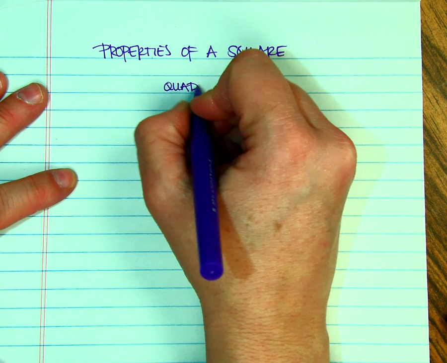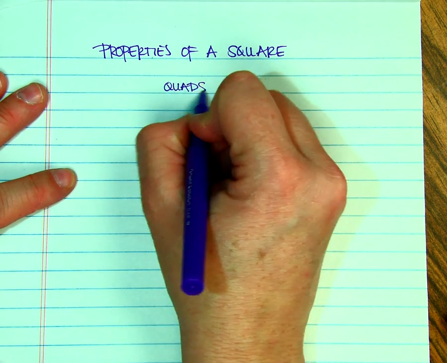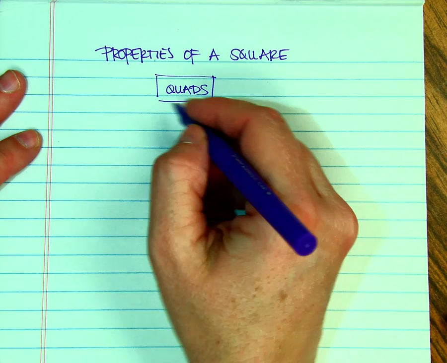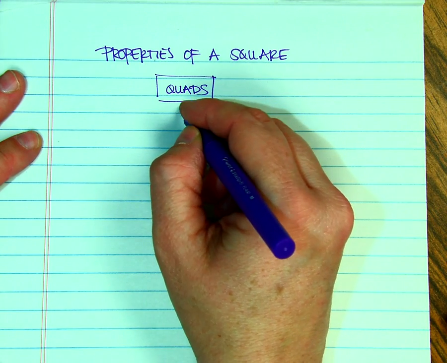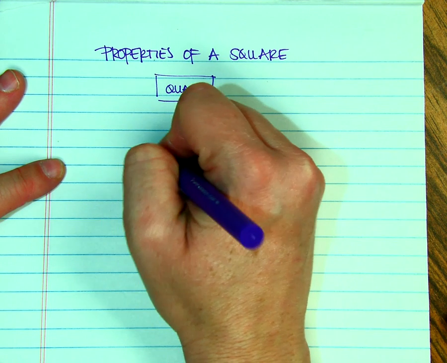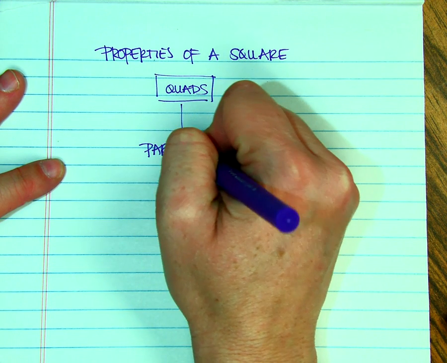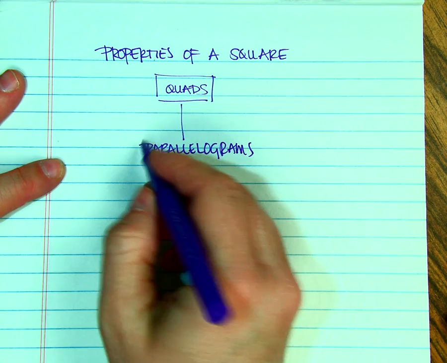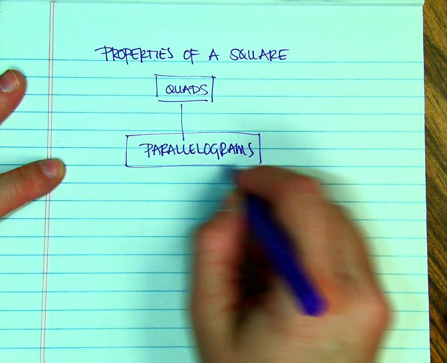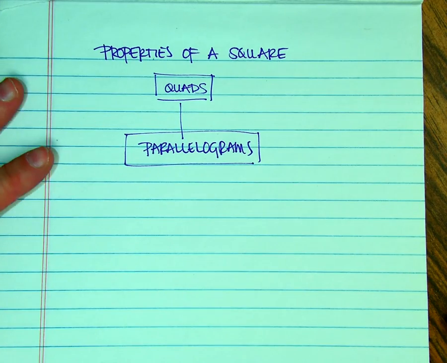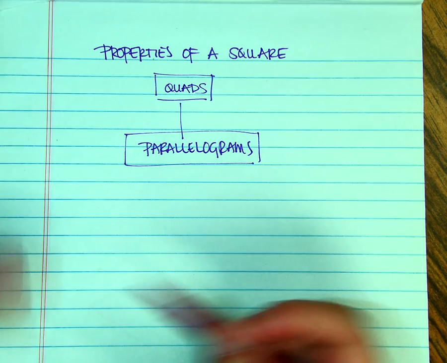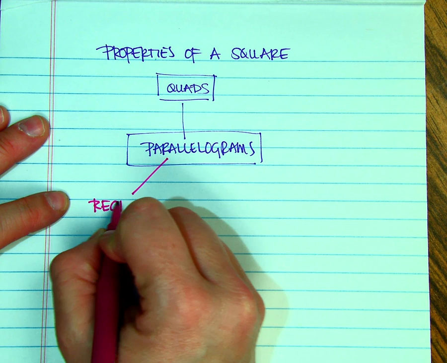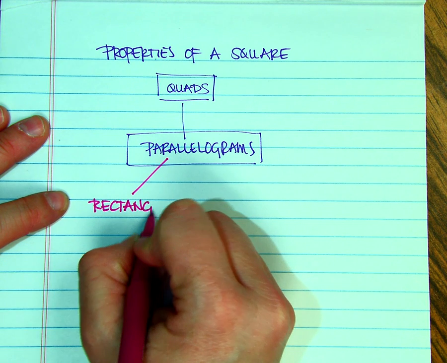So we have just any normal quadrilateral, okay? And then to get more specific, we have what we call parallelograms. Then we have branched out into a special parallelogram called a rectangle.